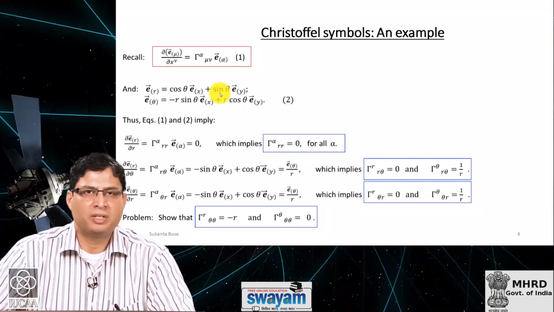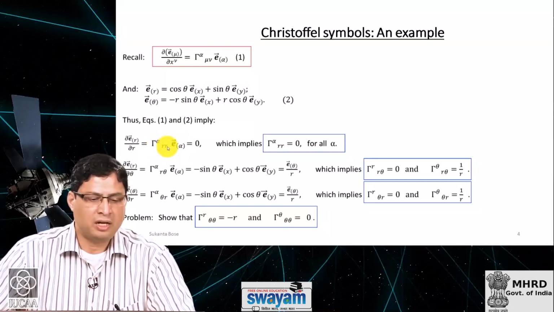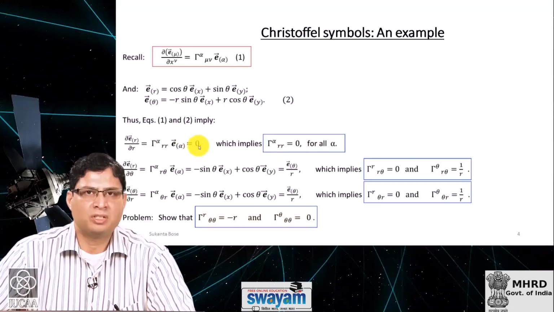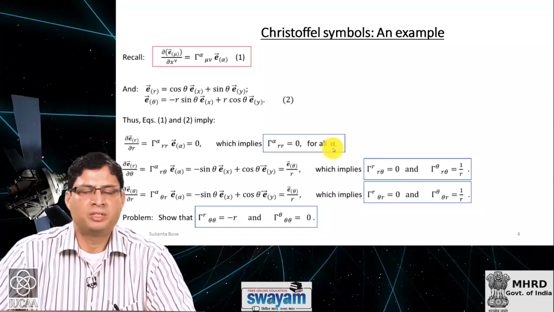There is no radial dependence, which is why the derivative of Er with respect to r has to be 0. Going back to equation 1, you connect that, therefore, gamma alpha rr summed with E alpha has to be 0. This in turn tells us that gamma rrr and gamma theta rr both have to be 0. In other words, gamma alpha rr has to be 0 for all allowed values of alpha, which are just r and theta in this simple example.